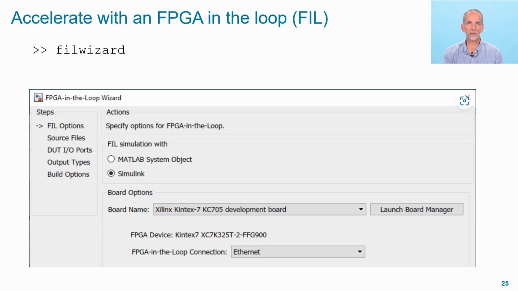At the MATLAB command prompt, type filwizard, and then you would get a GUI that looks much like this. You would have a Simulink model that generates HDL code, and then you would use that generated HDL code with this wizard to create either a MATLAB system object or yet a different Simulink model that can be controlled by MATLAB. And again, you can get many X of performance improvement. This will work for both Xilinx, now AMD, and Intel boards.